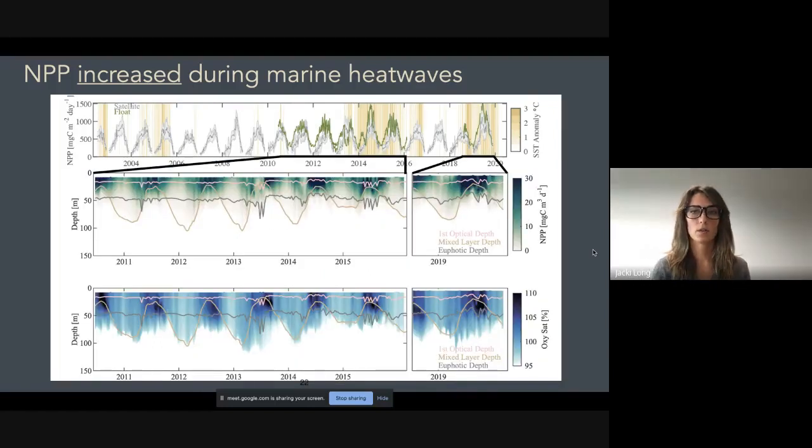And of course, we can also look at this through depth, which is now shown in the middle panel. So this is showing NPP in the green colors. And again, the first optical depth is in pink, the mixed layer depth is in brown, and then the photic depth is shown in gray. And we see coinciding increases in oxygen with increases in net primary production, which is pretty expected, especially focusing above the mixed layer.